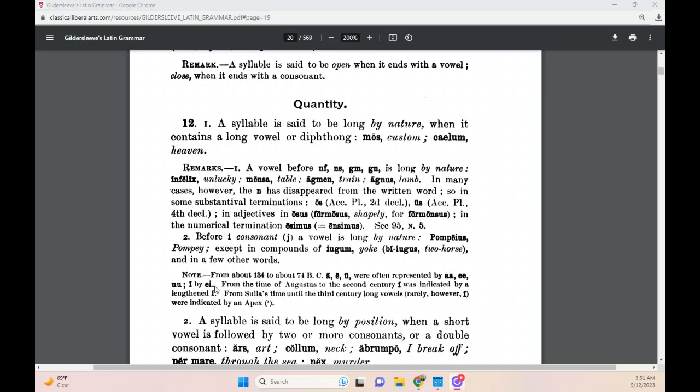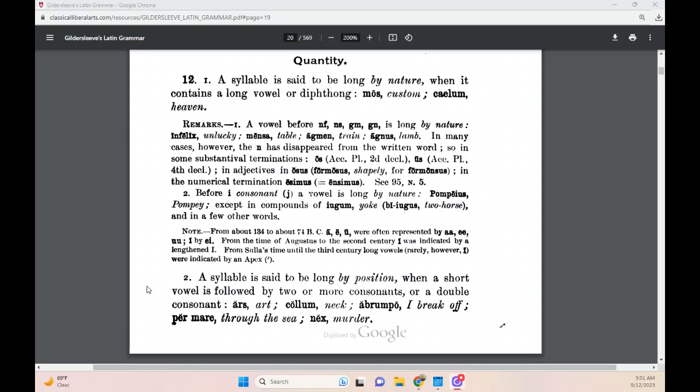Skip this note. That's really got nothing to do with what we're studying here. So quantity rule number 1, a syllable is said to be long by nature when it contains a long vowel or a diphthong, like mos or che. Rule number 2, a syllable is said to be long by position. So remember, by position and by nature, the two different ways a syllable can be long.